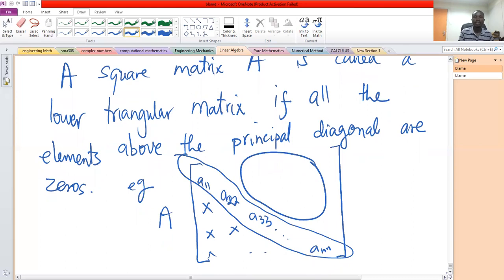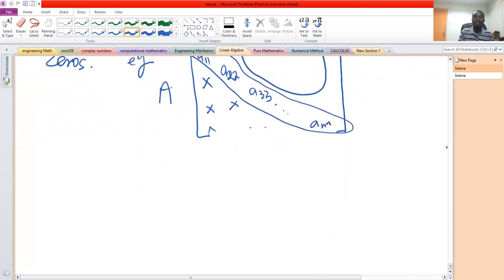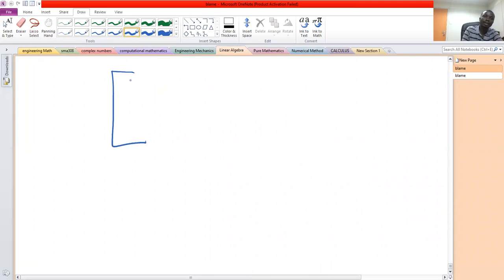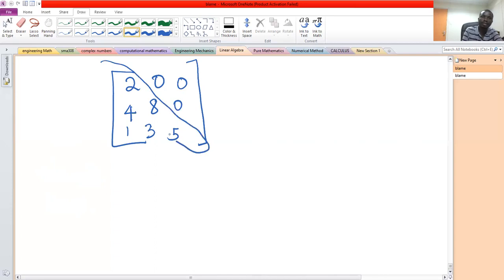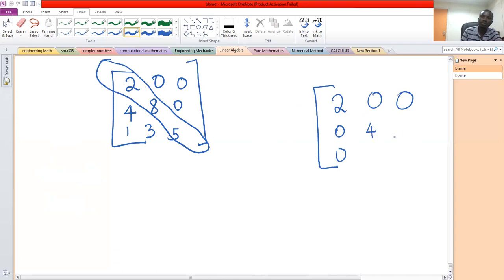That's the general case, or you can be more specific and say, if you have 2, 0, 0, 4, 8, 0, 5, 1, 3, this is a lower triangular matrix because once you identify this as our main diagonal, elements above the main diagonal are 0. Or 2, 0, 0, 0, 0, 4, 0, 0, 0.